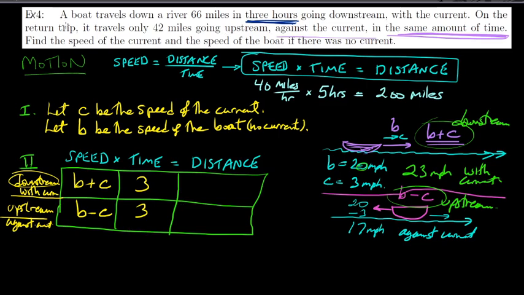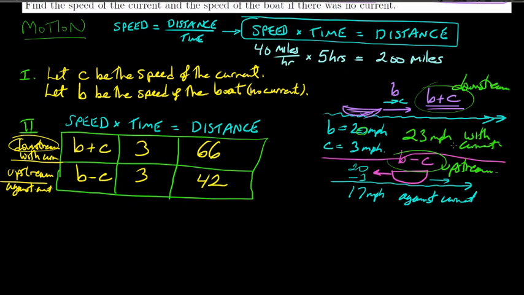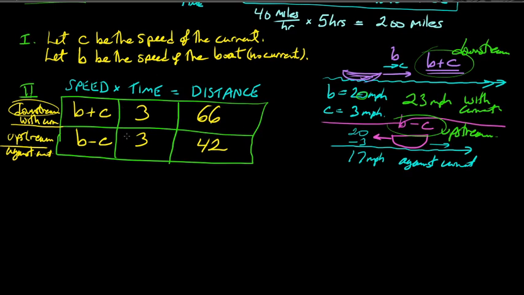What about the distance? Going downstream, 66 miles. So that's the distance. Going upstream against the current, that was 42 miles. There you go, so there's your table.